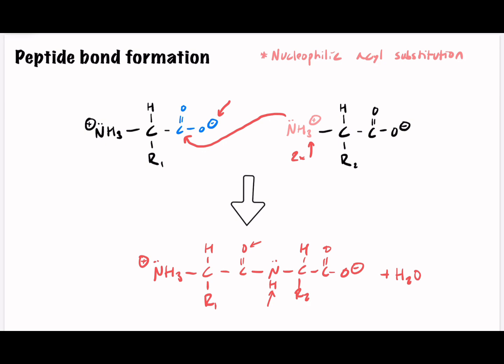And one good thing to be made aware of is that this new peptide that is formed has what we call an N-terminus, which is around the free amino group, and a C-terminus, which is around the free carboxyl group. And so typically when we're writing these peptides, we go from N-terminus to C-terminus. That's the direction that they're traditionally written in, and that's also the direction that they will typically be read in.